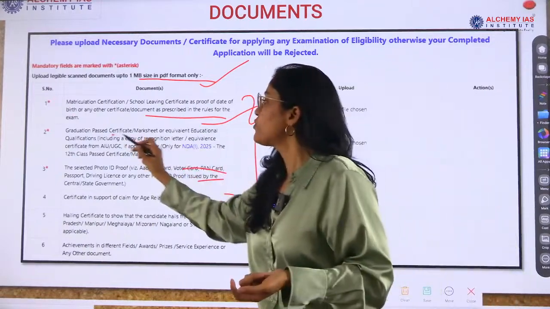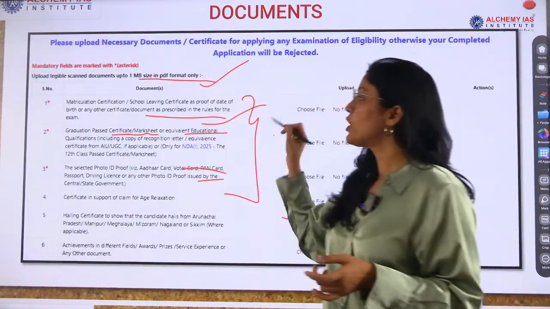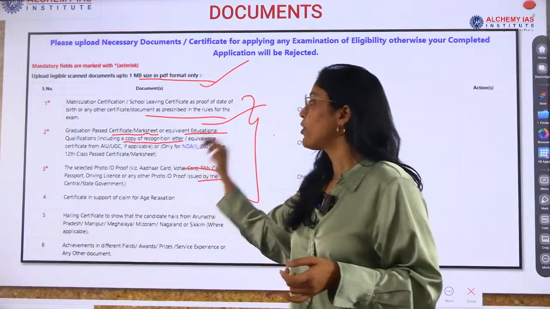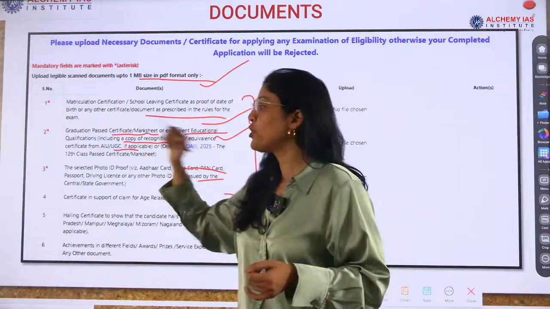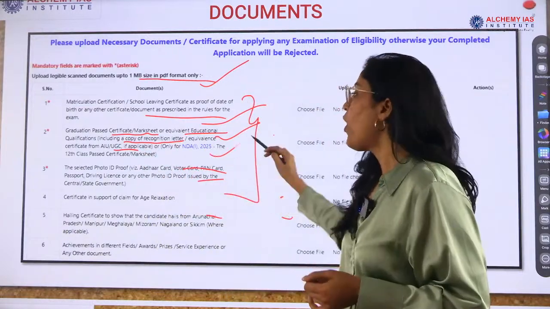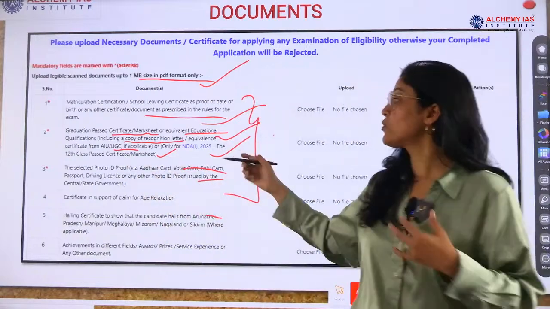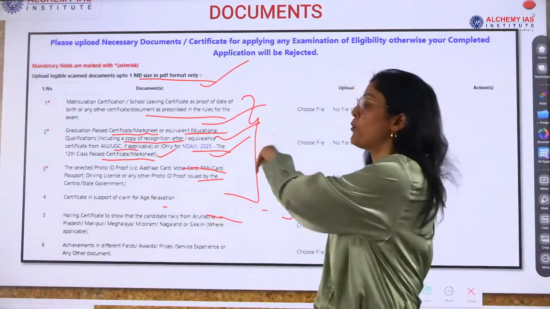Next is the graduation pass certificate. You have to provide the mark sheet or equivalent educational certificate, including a copy of the recognition letter or equivalent certificate from AIU or UGC. For NDA 2025, for the 12th class students, you have to upload the 12th class pass certificate and mark sheet in this segment.